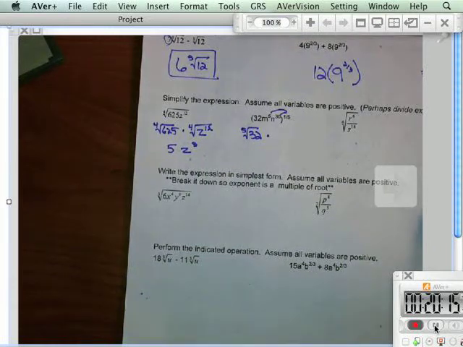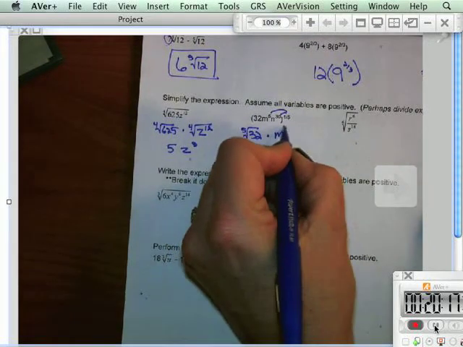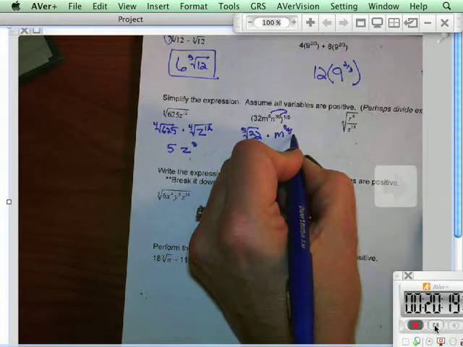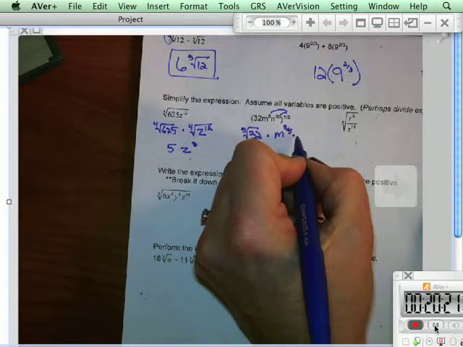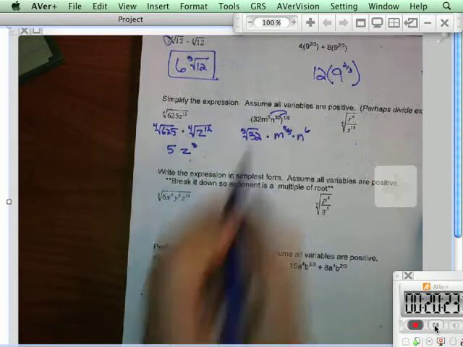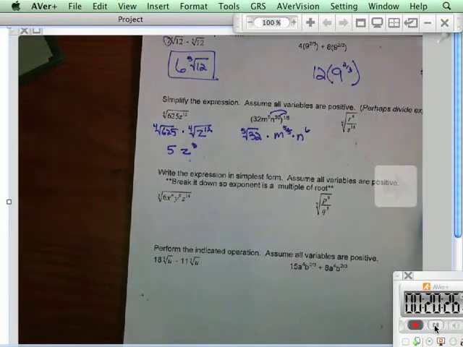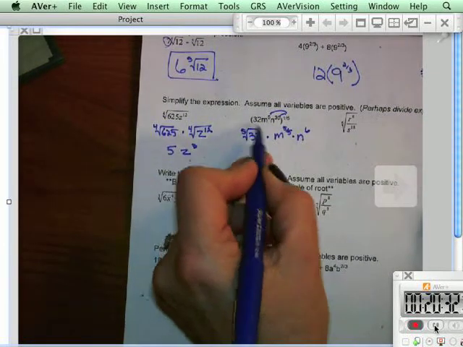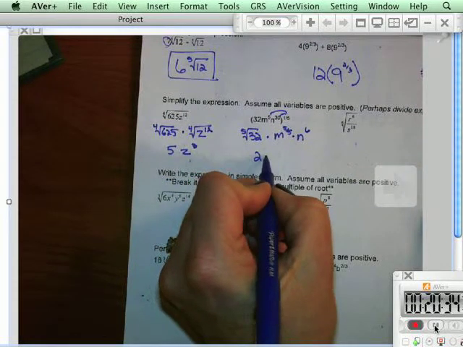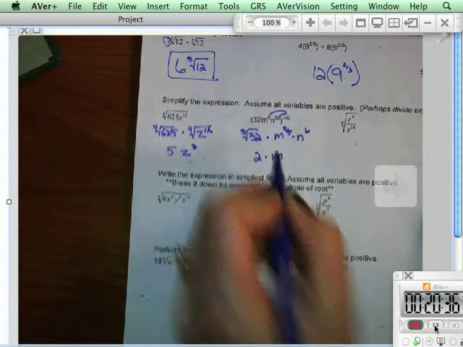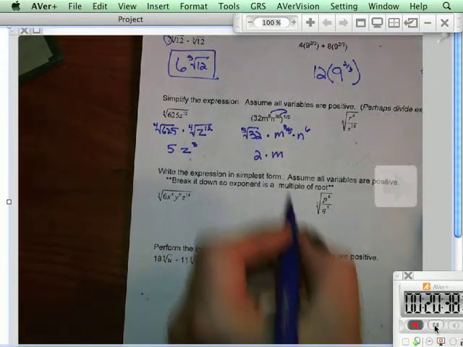So it would be m to the 5/5 times n to the 6. Come on, it's just multiplying fractions. You can do it. What's the 5th root of 32? 2. 5/5 is just m to the 1 times n to the 6, and that's it.